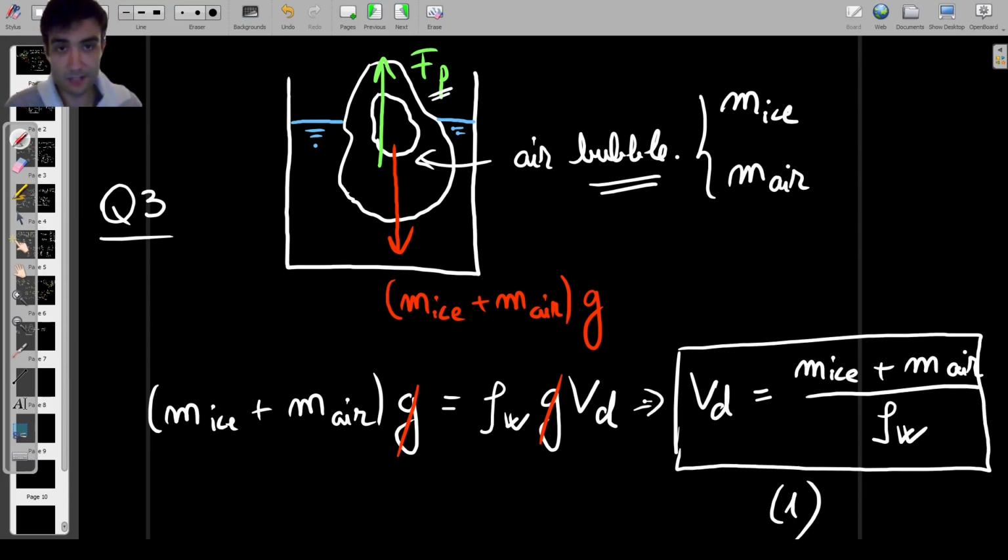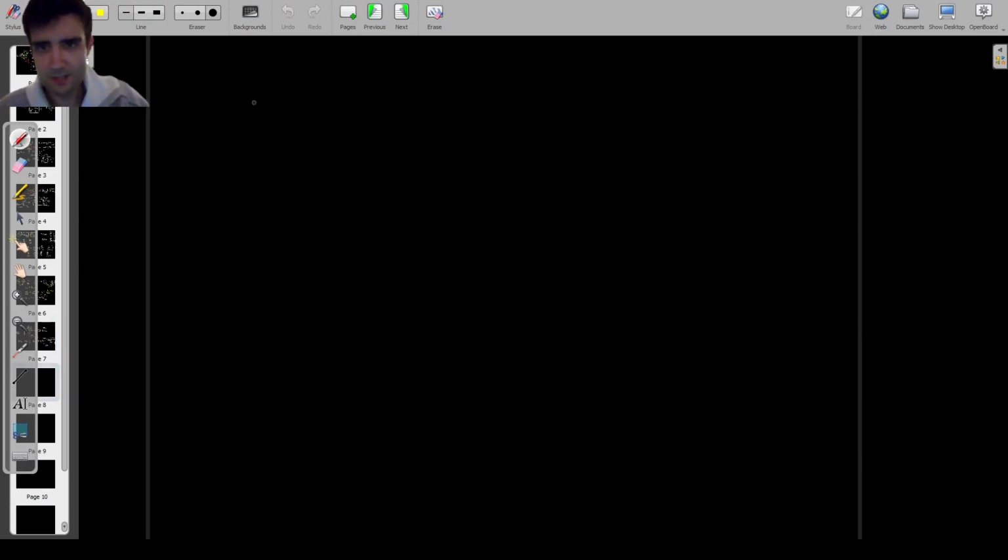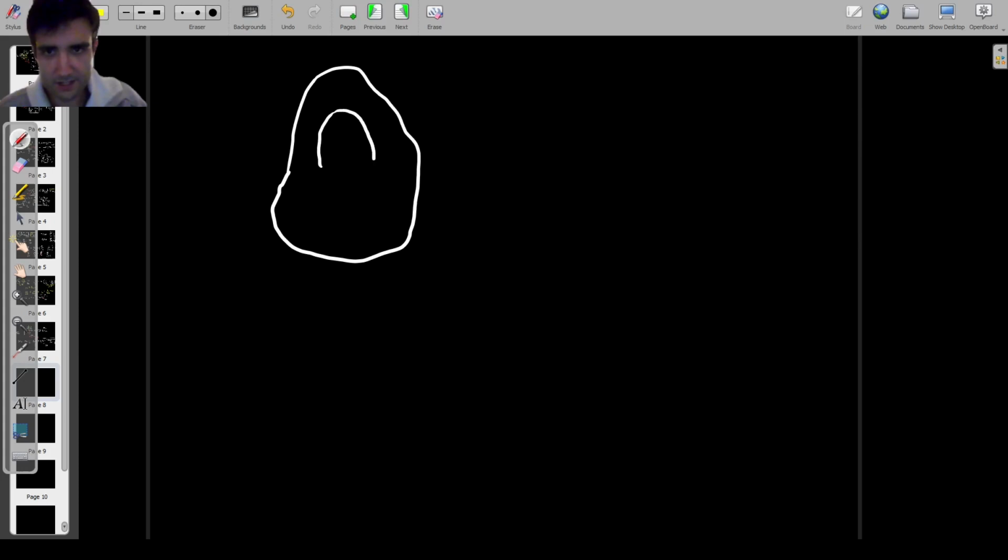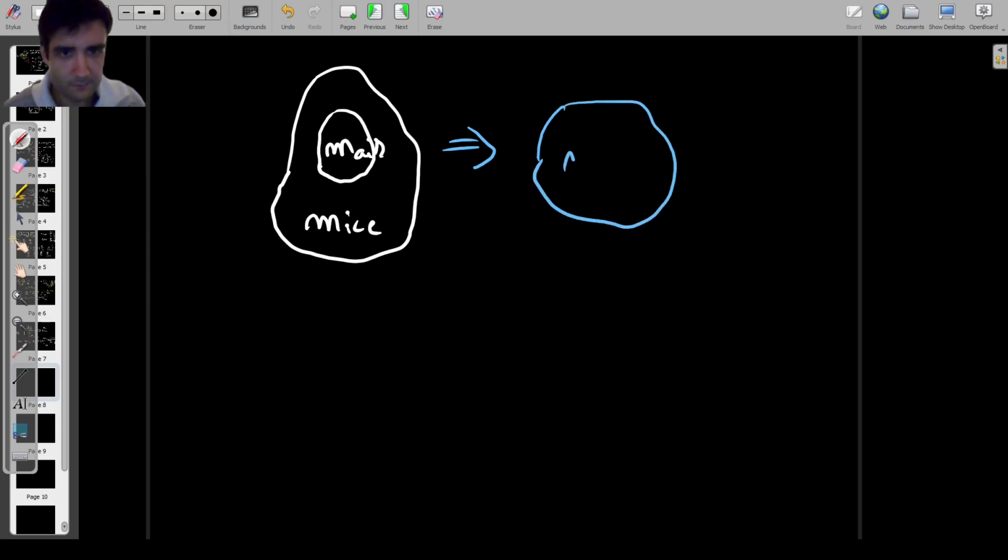And then in the second case, when the ice melts, we have to consider what happens. Now, the ice chunk has an air bubble in it, and this air has a mass m air, we called it, and this ice has a mass m ice. But after the ice melts, what actually happens is that on one hand, the m ice gets converted into water, which will have the same density as the water in the glass, but the air is going to escape, essentially.